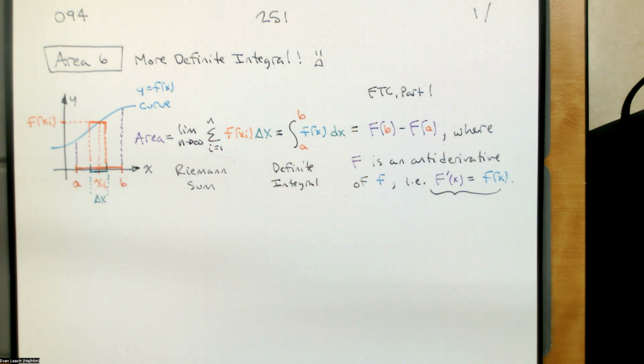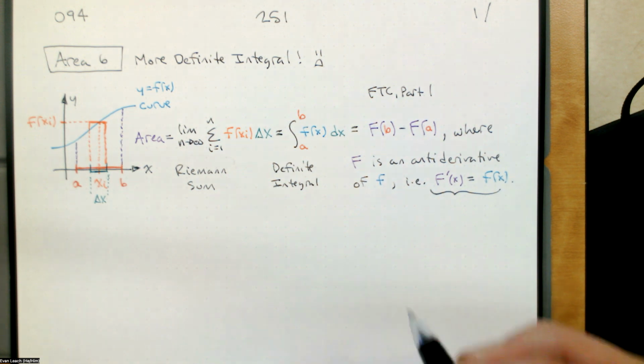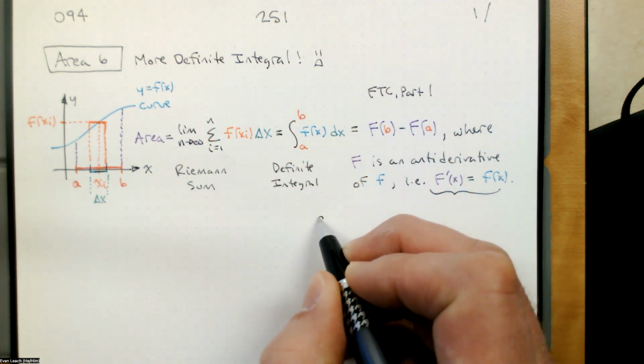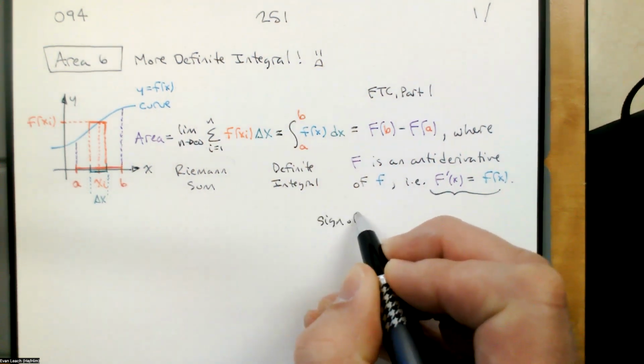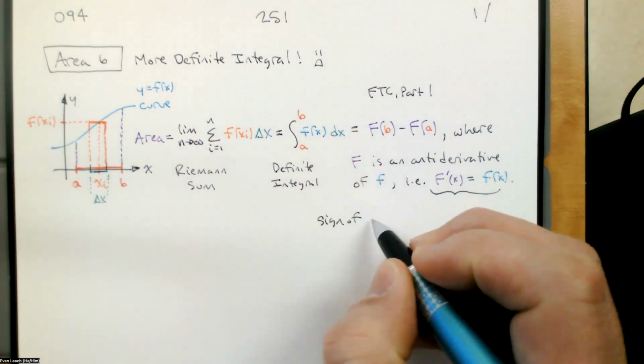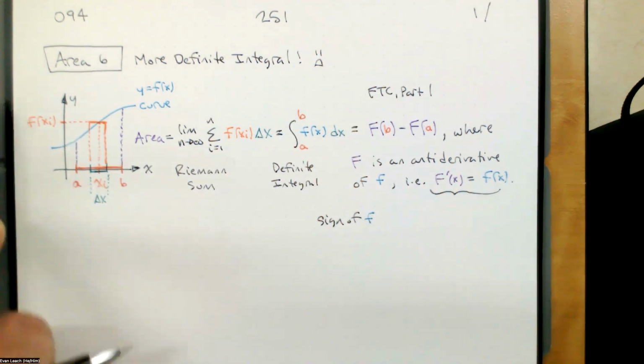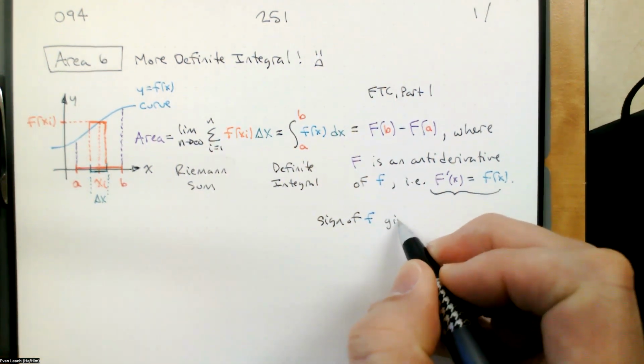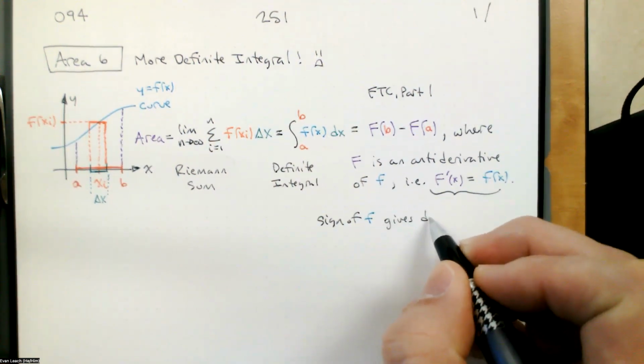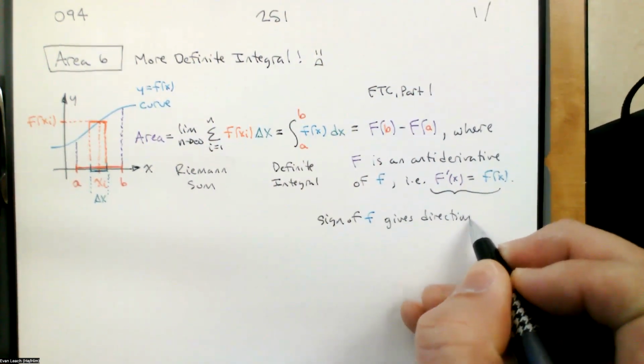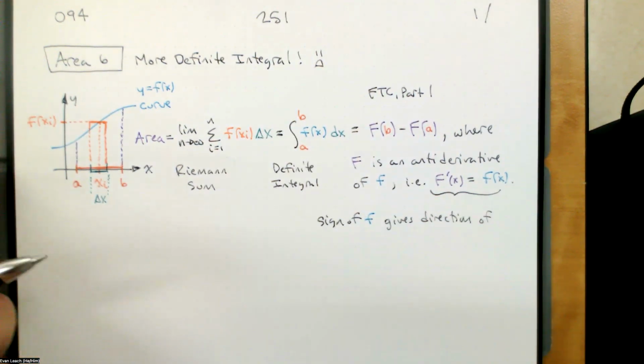What this relates to, as far as things that we've looked at before, is that since little f is the derivative of capital F, the sign of little f tells us about the direction of capital F. So the sign of little f gives the direction of capital F.